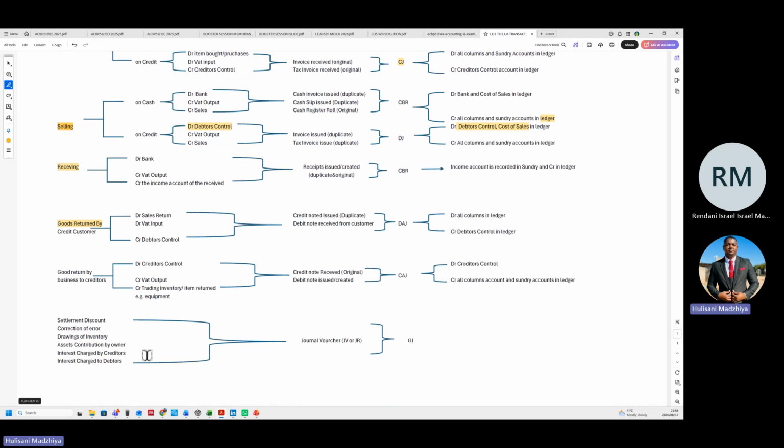And then the last journal that you're going to deal with is called the general journal. So the general journal, we use it to record any transaction that cannot be recorded in the other 7 journals. The other one is called petty cash. In petty cash, we only record transactions where we created a petty cash voucher.